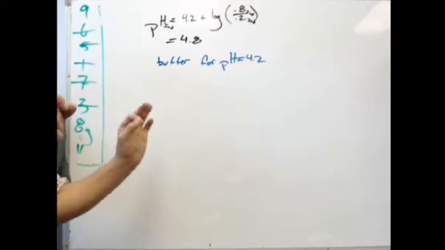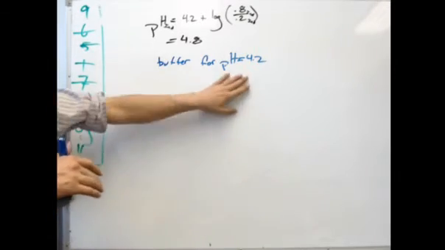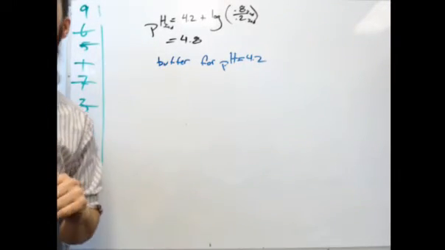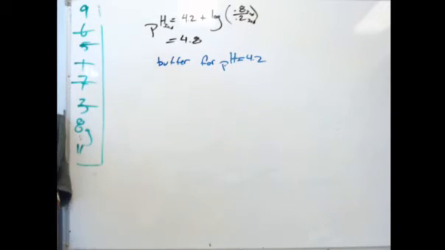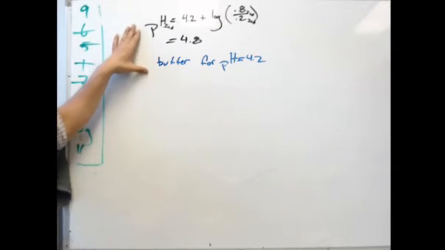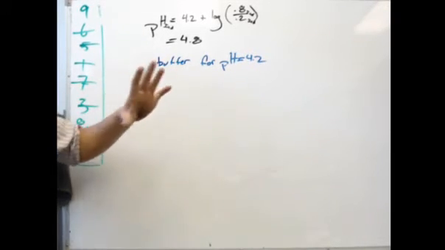But we need those specific terms. And the only reason we're doing midpoint is because that's what the question asked us to do. It's also useful to have an indicator for a buffer like that, because then as soon as your solution changes colors, you know you broke your buffer. You're outside the buffer range. So it is really useful to have an indicator that will change colors just outside the buffer range.